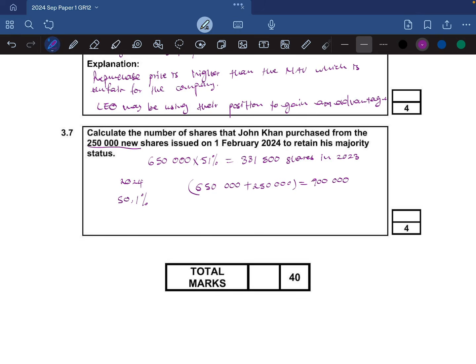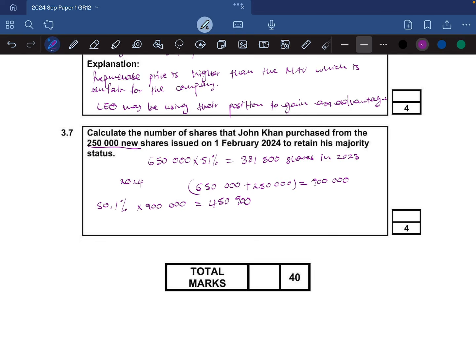For 900,000 shares, for him to have 50.1%, we determine 50.1% multiplied by 900,000, which means he would need to have 450,900 shares.